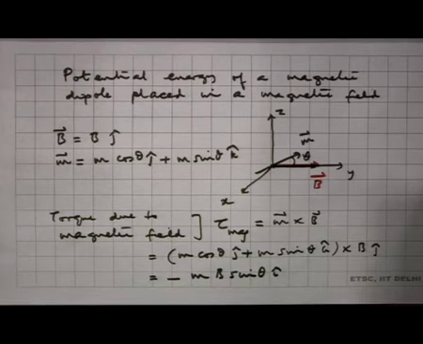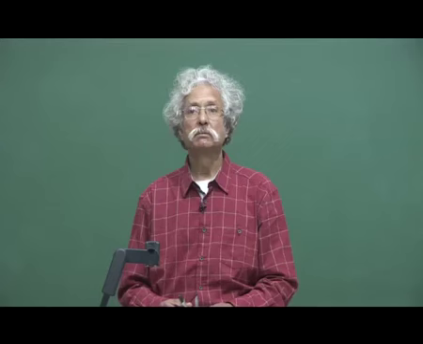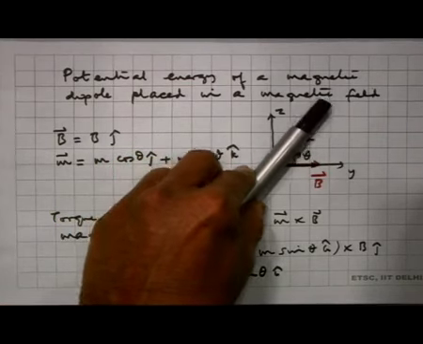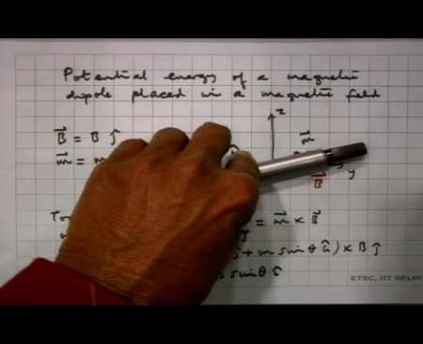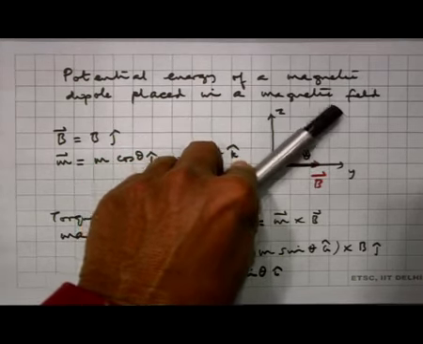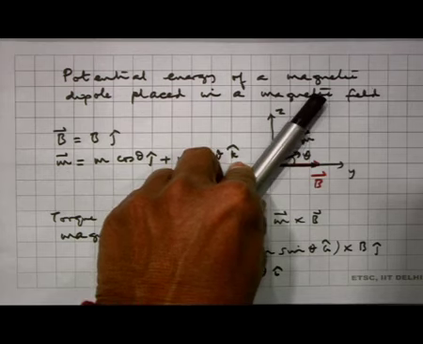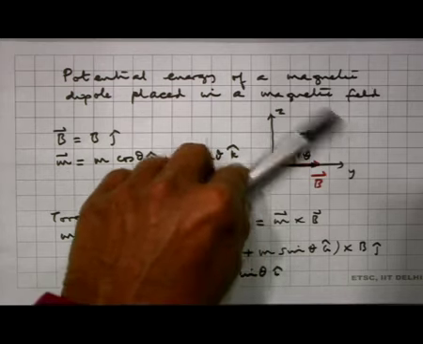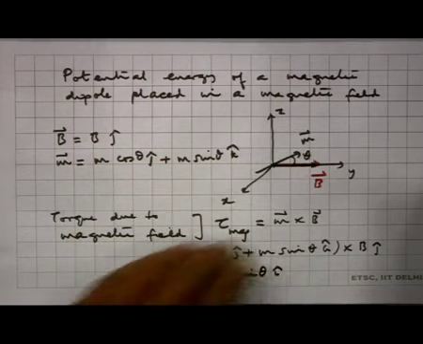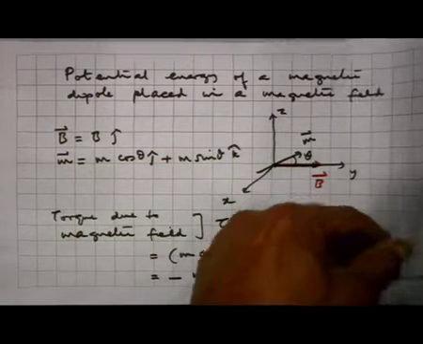Now, if I have to change the orientation of the dipole, if I have to rotate the dipole to some other orientation, I need to do work because the magnetic torque is trying to push it towards the field direction. If I need to rotate the magnetic dipole along some other direction, I need to do work on the magnetic dipole to change its orientation, and that work which I do gets stored in the form of potential energy in the dipole, and that is what I want to calculate.